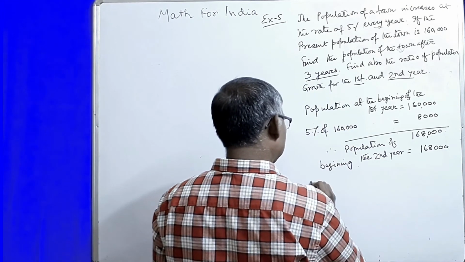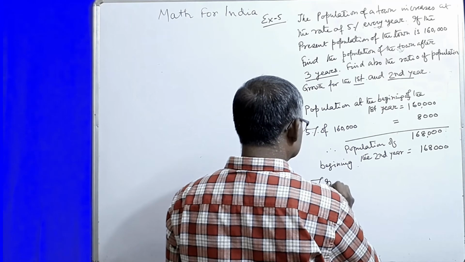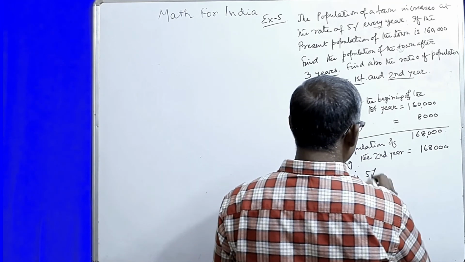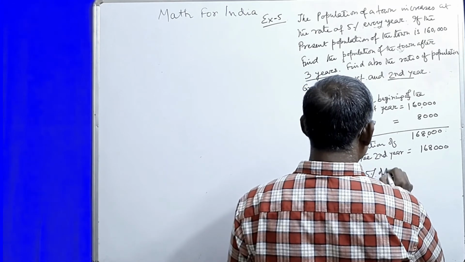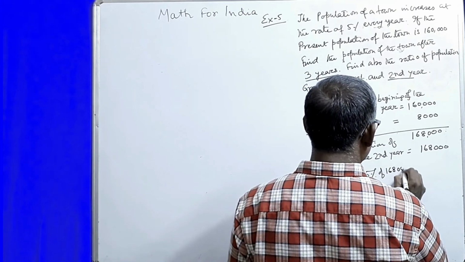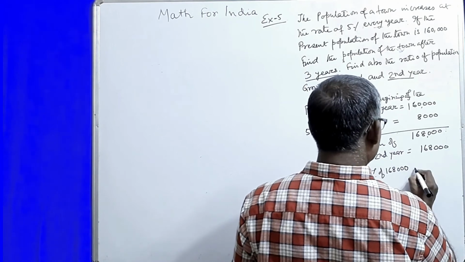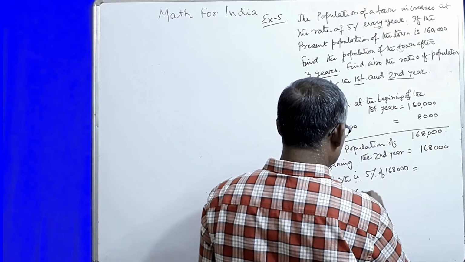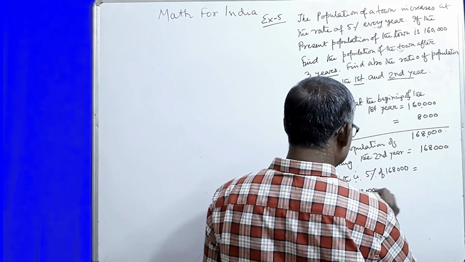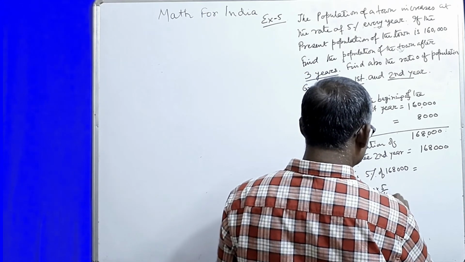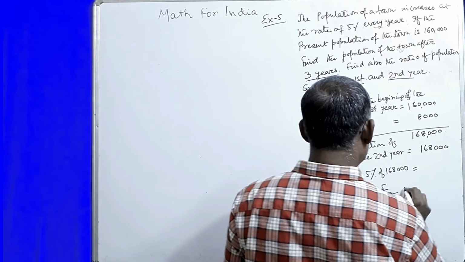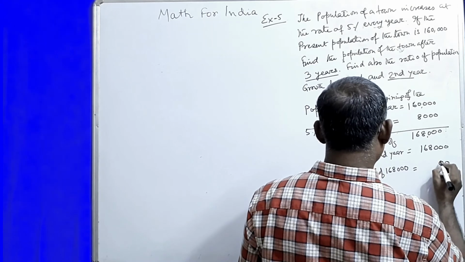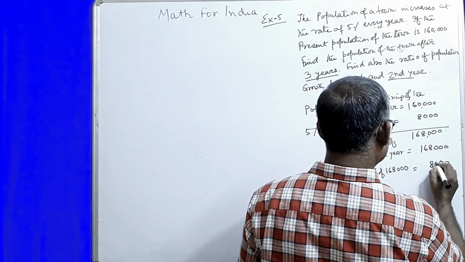Again 5% growth, that is 5% of 1,68,000 equals to 168,000 into 5 by 100, that is 8,400.